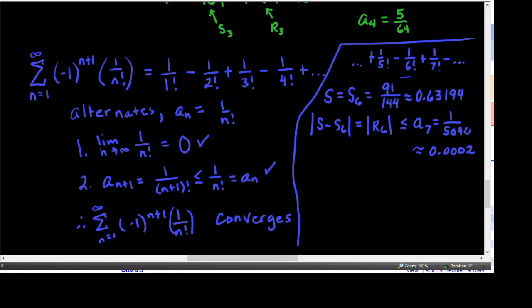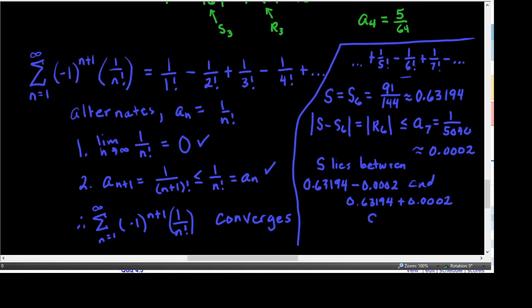So what that means is the sum S lies between, because that's the distance between the actual answer and the approximation, our approximation minus that much, so we could go as far as that much below ours, and our answer plus that largest possible error, 0.0002.